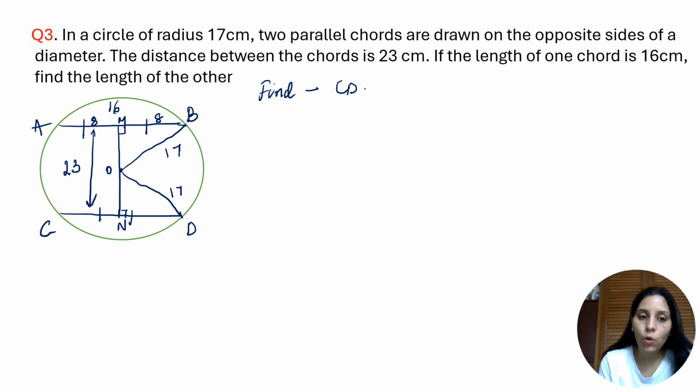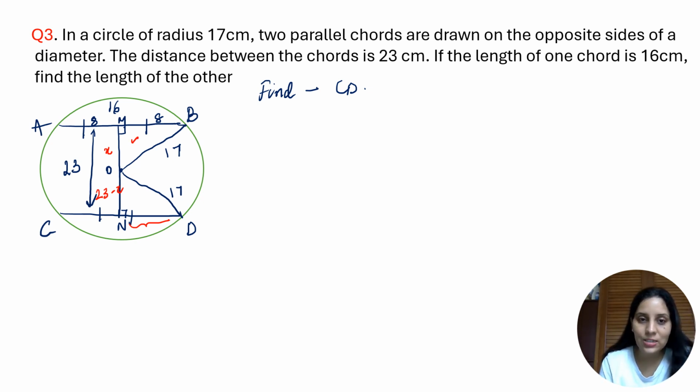If I take OM to be X, ON is going to be 23 minus X, because the total sum is 23. Now to find CD, if I figure out ND, the double of ND will be CD because CN equals ND. The line that is perpendicular dropping on the chord is always bisecting the chord. So to find ND, we need to first figure out X.